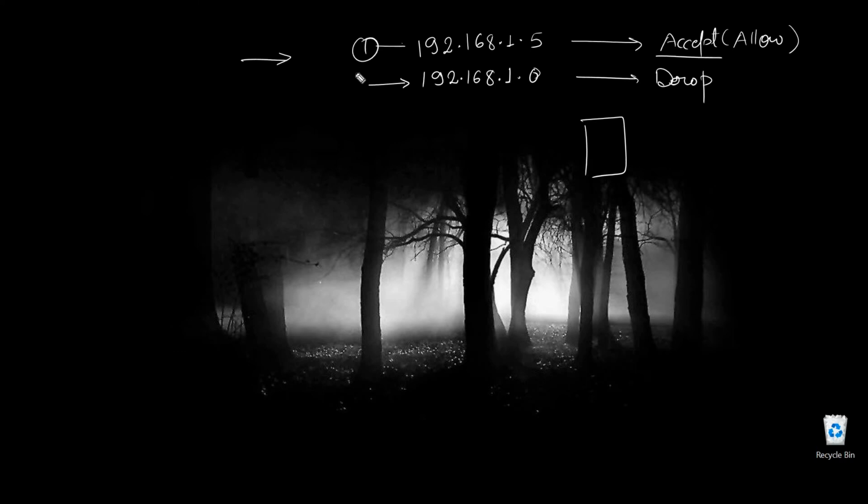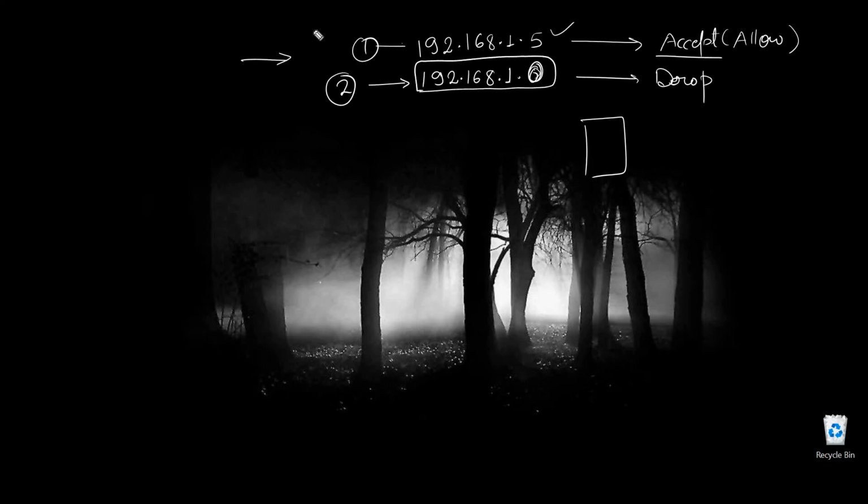Rule number one: source 192.168.1.5, accept, means allowed. Rule number two: whenever any traffic is coming from this network, please drop it. You see that the IP address 192.168.1.5 is from this network, right? So it should be dropped. It should not be allowed.